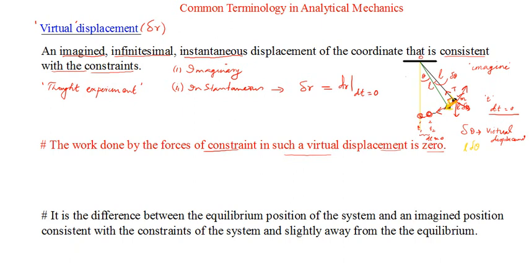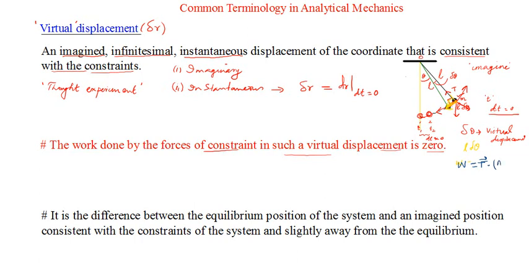And you know how you calculate the work done by a force. Work done by a force is usually calculated as the dot product between the force and the displacement. So the work done W by the force of constraint will be equal to the force, which is tension T, dot the displacement, which you can write as L delta theta.